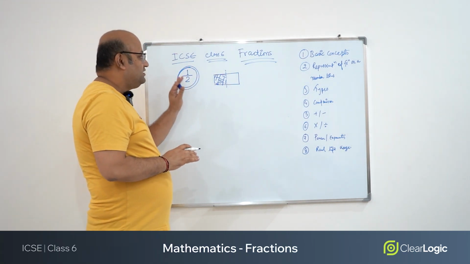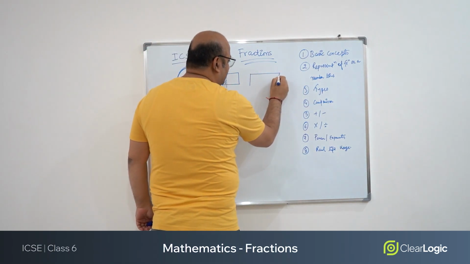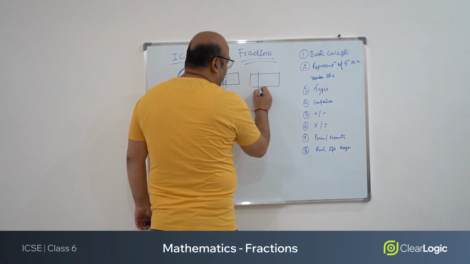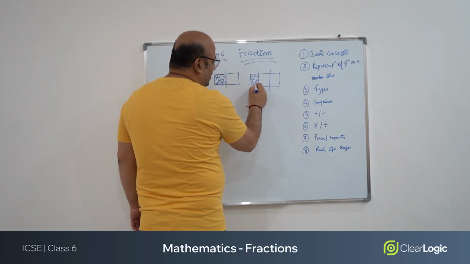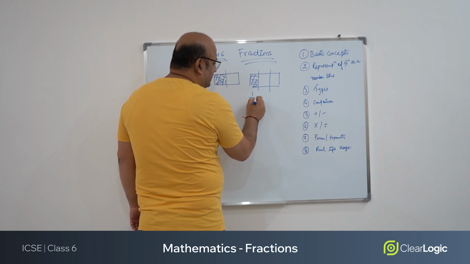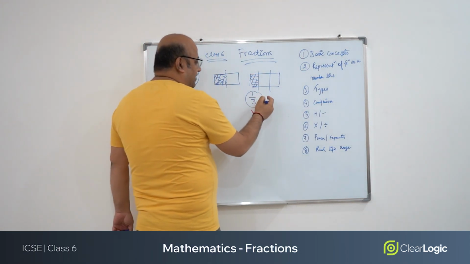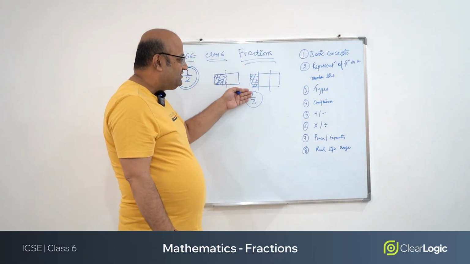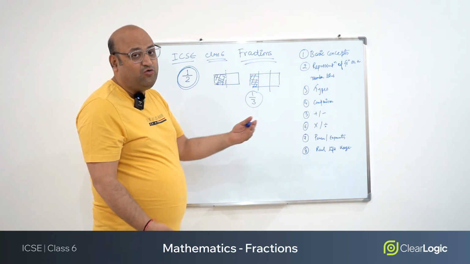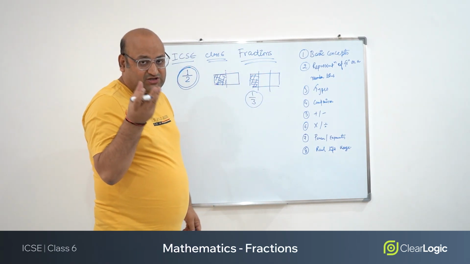So this is the fraction. Similarly, if we have one bread and we cut it into 3 pieces, this particular piece will be known as 1/3 of the whole bread. And if someone asks you, if you give this 1/3 of a bread to someone, how much bread is left?